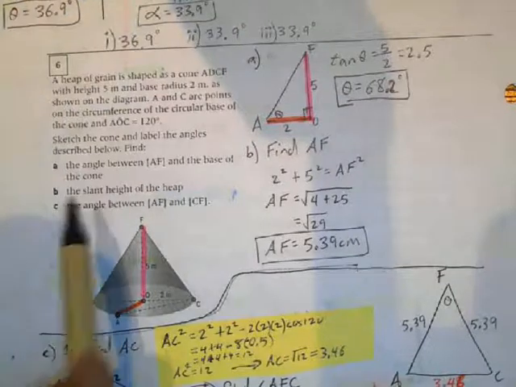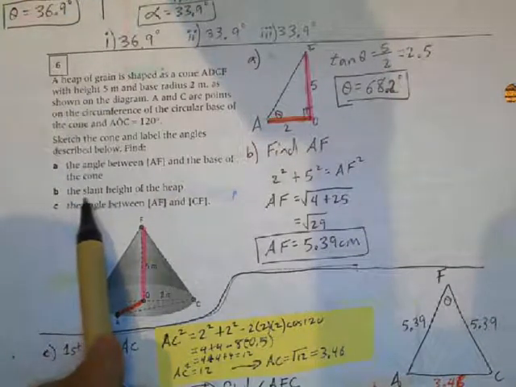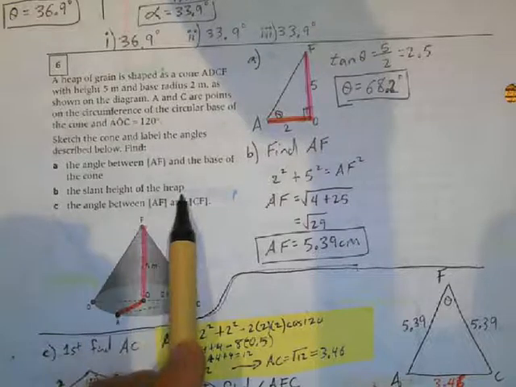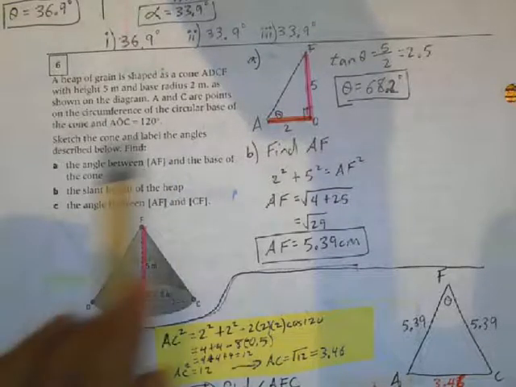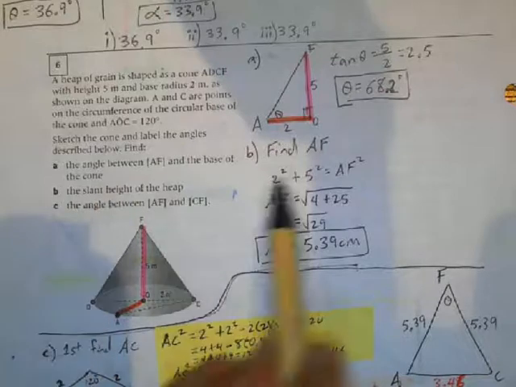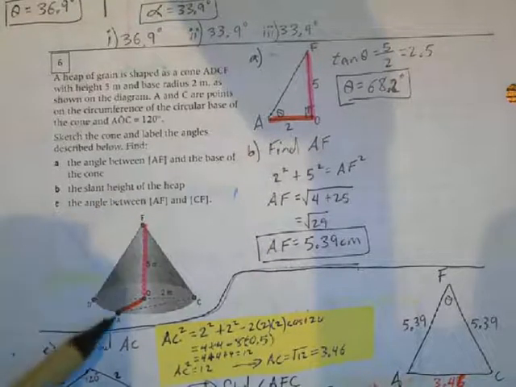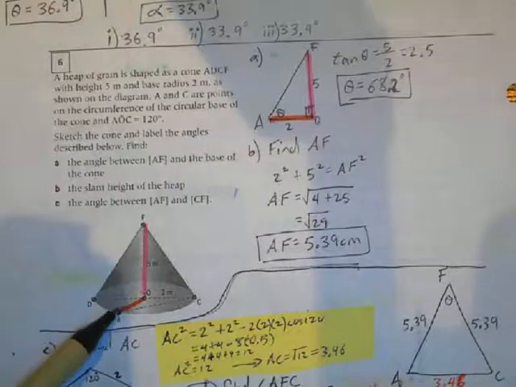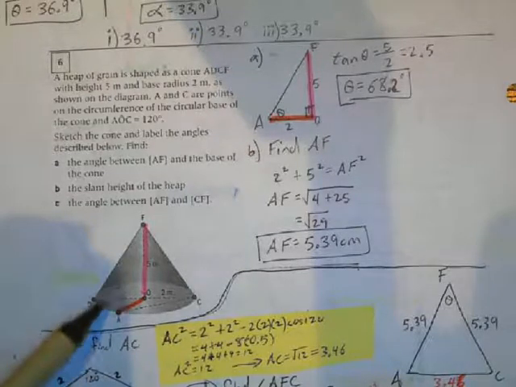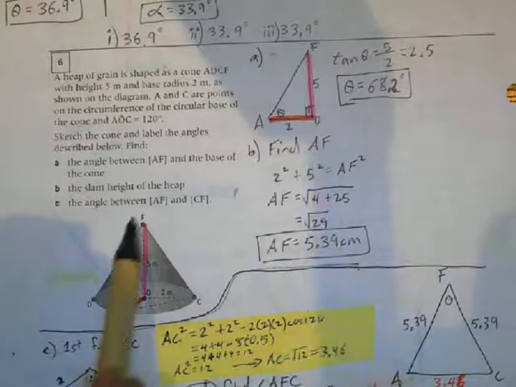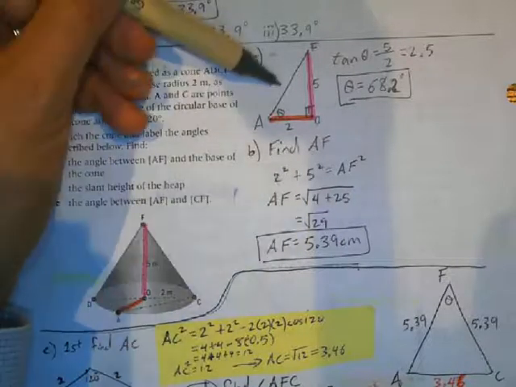Question B, find the angle between the slant height of the heap and the base. So I need to figure out the slant height from A to F. Using Pythagorean Theorem, we're going to find out this value here.